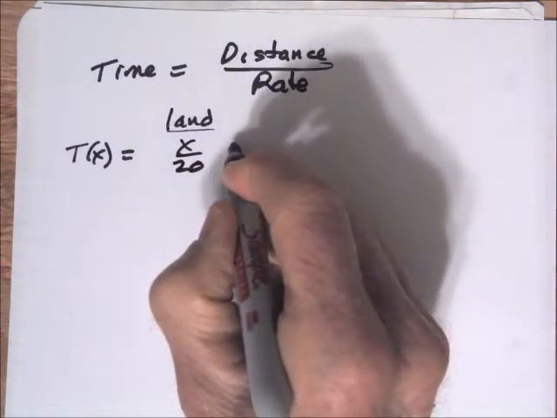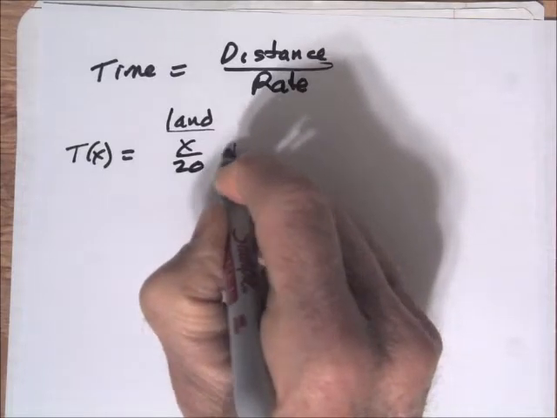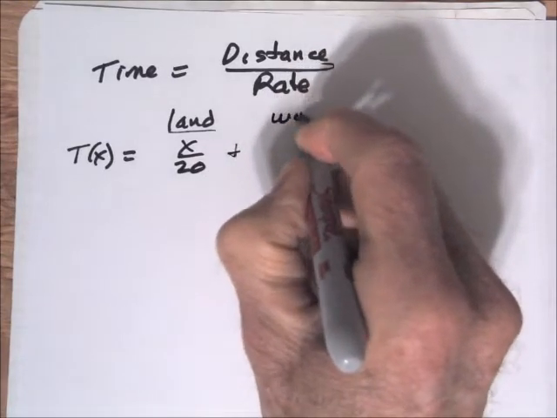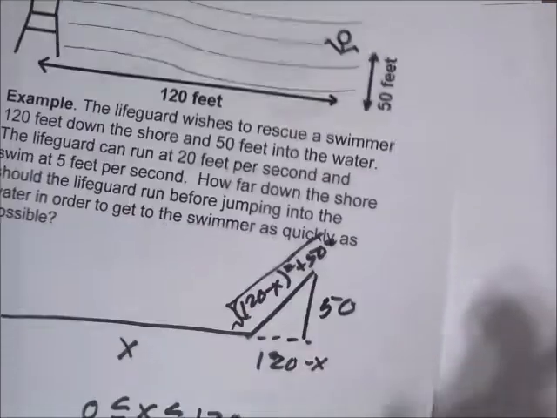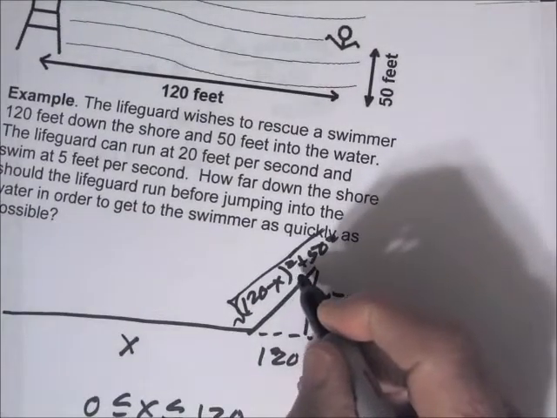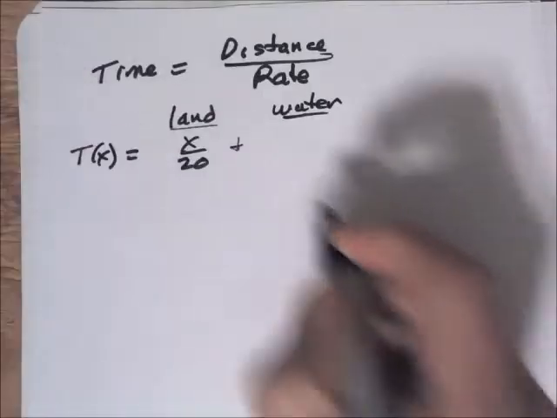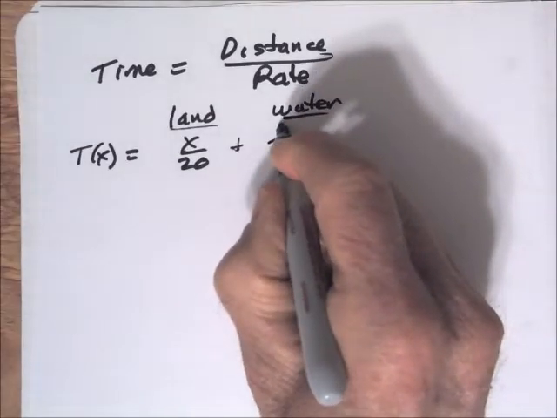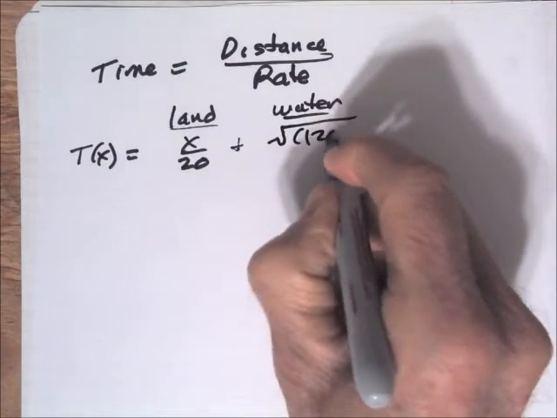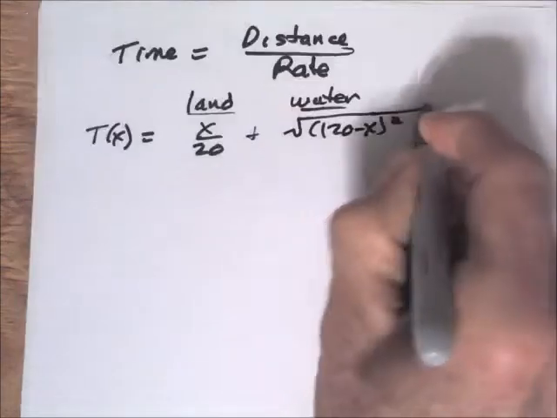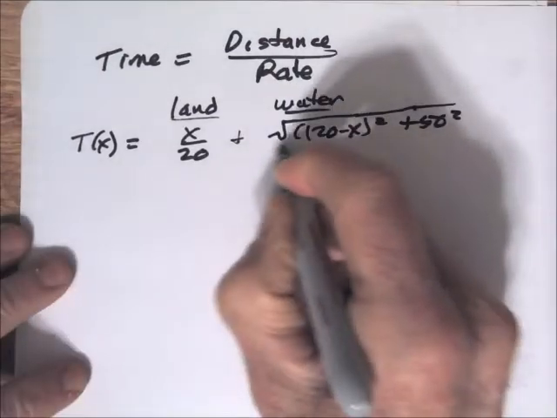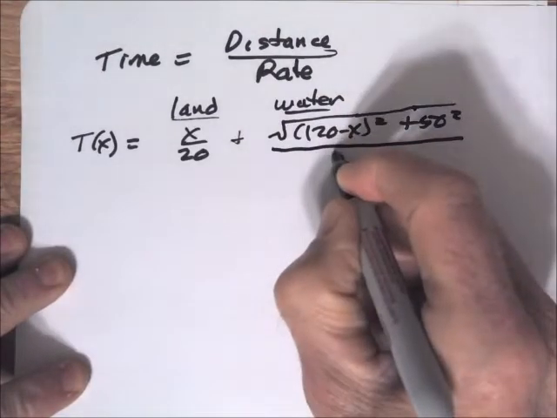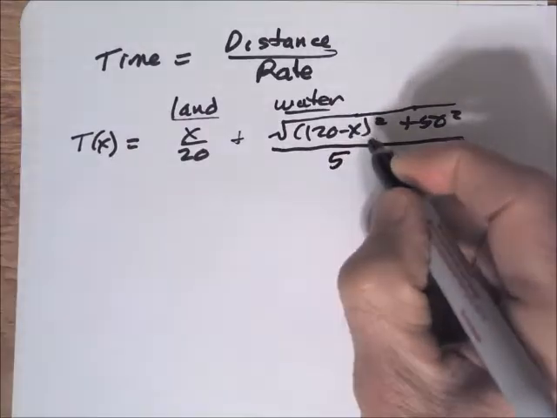And then the part in the water: the distance in the water is the square root of the quantity 120 minus x squared plus 50 squared, and we want to divide that by the rate in the water, which is 5 feet per second.